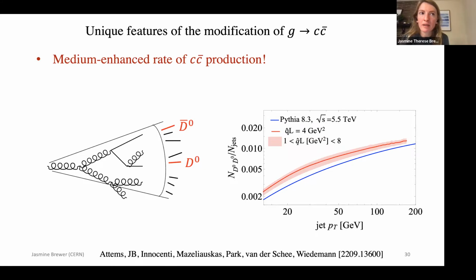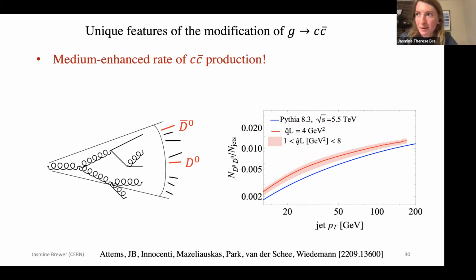So I will say that we first wrote this paper and we were quite excited about it already, probably 6 months or even more ago, I forget exactly when. And then people basically said what you just said: how do you really estimate, in a consistent way, the effect of the modification of other splitting functions? Essentially, why do you think that jet energy loss, for example, won't also modify this distribution?